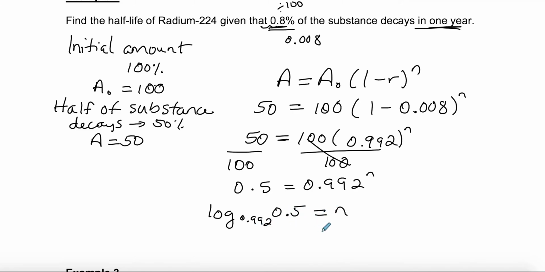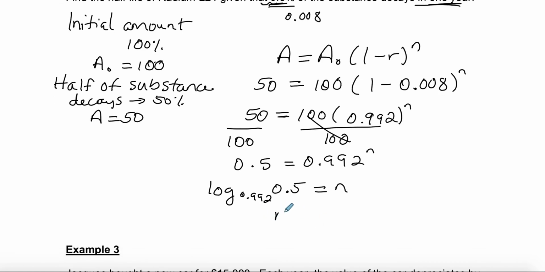But we're trying to figure out what the exponent would be. So on my calculator, usually I don't have that type of button, so I would do the log of 0.5 divided by the log of 0.992 on my calculator, and I would get 86.3.